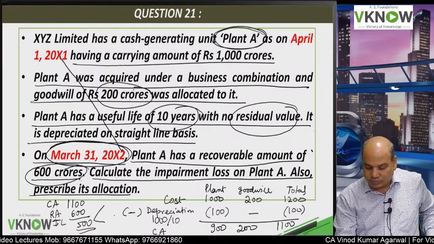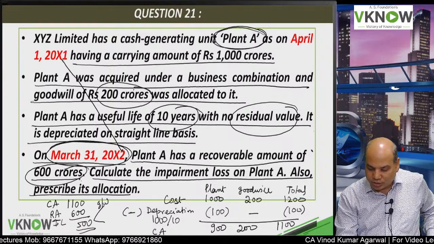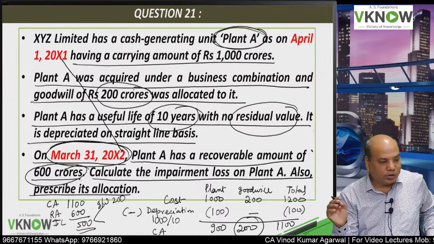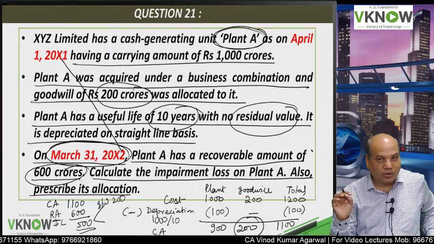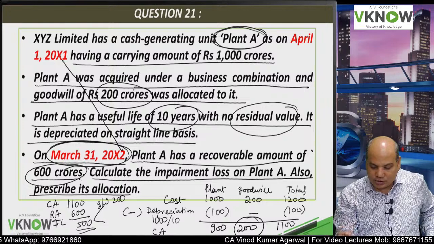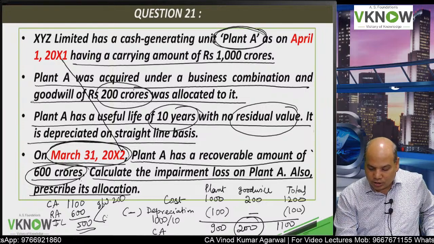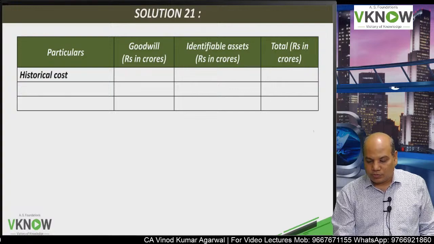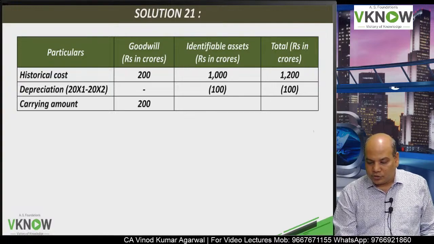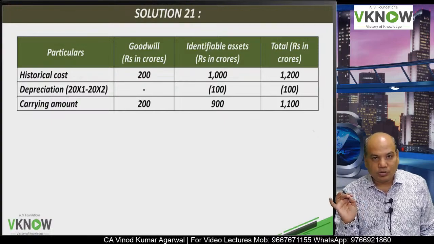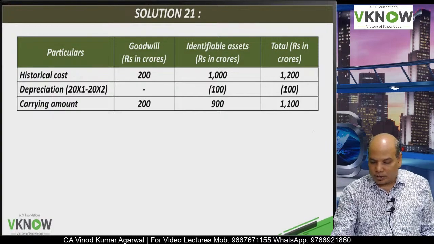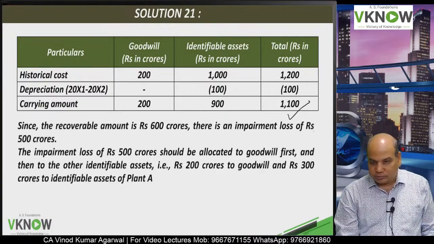Out of 500, we are going to allocate towards goodwill 200 first. We are going to allocate towards goodwill because goodwill represents excess capacity. If there is an impairment, you have lost that excess capacity, and we are going to allocate towards the CGU, that is plant, 300. This way impairment loss will be reduced. So what you will do in the exam, first you will find out the carrying amount of the plant and goodwill on the date you are testing for impairment, which is 1100.